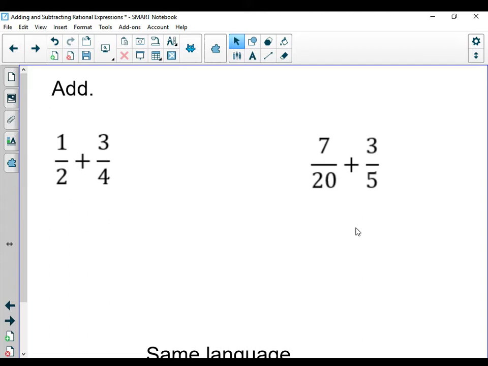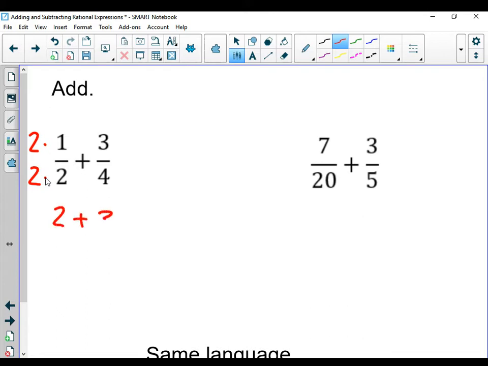Okay. So when we looked at this particular problem back in the day, we would have said, well, this is 4, so I could probably get away with multiplying this by 2. But I can't just multiply the denominator by 2. I have to multiply both pieces by it. Then I would say that's 2 plus 3 all over one of my denominators.